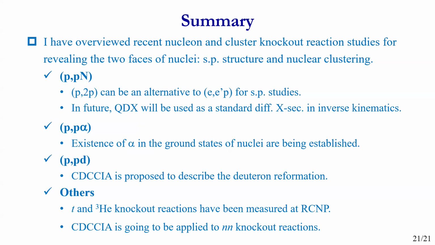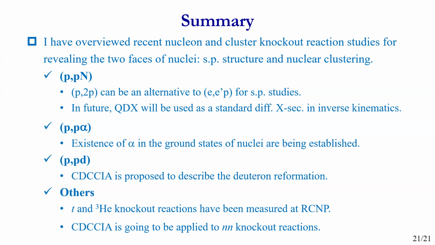For PPN, it is important to recognize that P2P can be an alternative to E prime P for single particle studies, and that can be applied to neutron knockout and also knockout of neutron-rich or proton-rich unstable nuclei. And in future, probably many measurements will be done in inverse kinematics. And in that case, for the exclusive quantity, we should use QDX, not TDX.